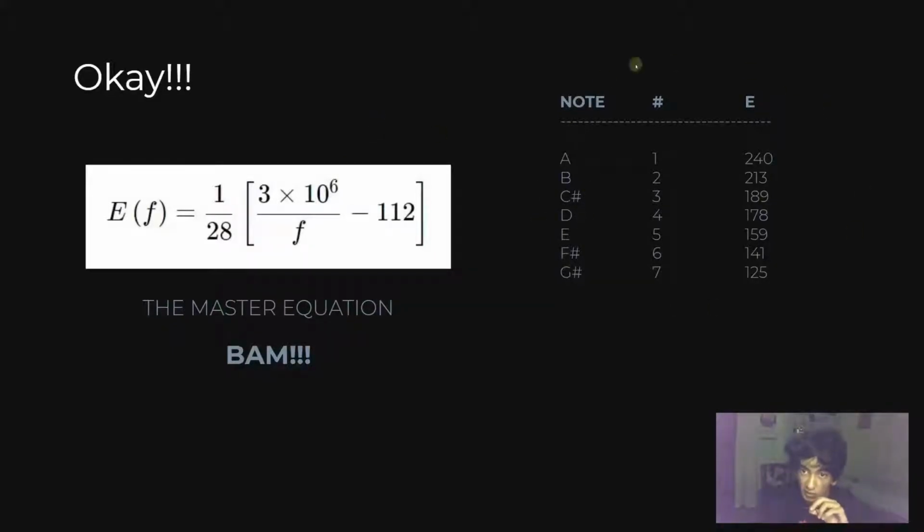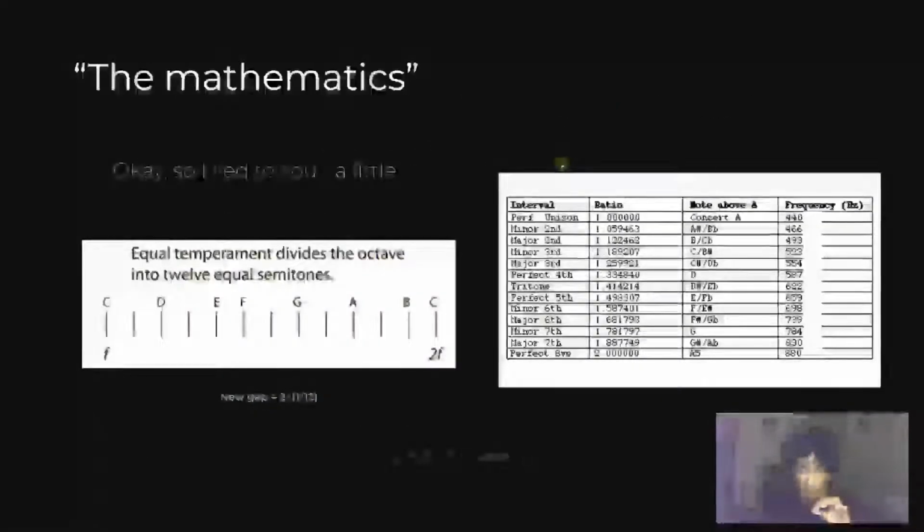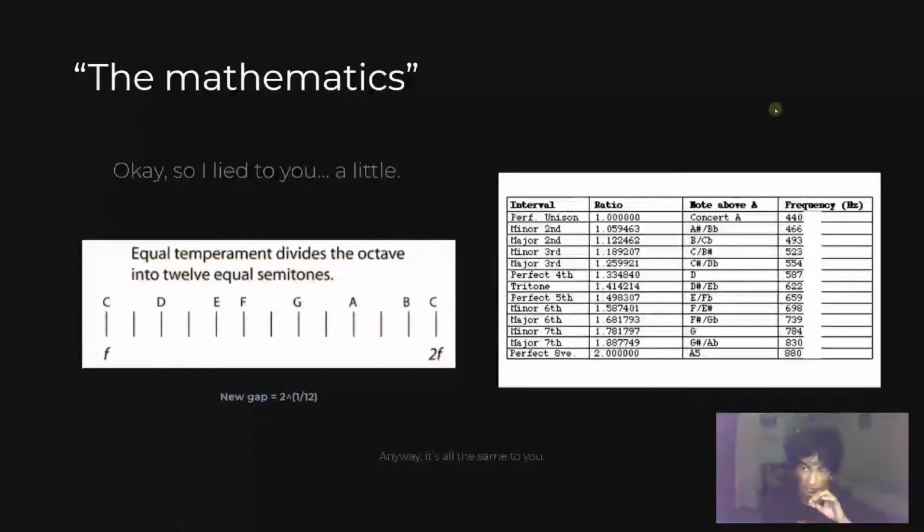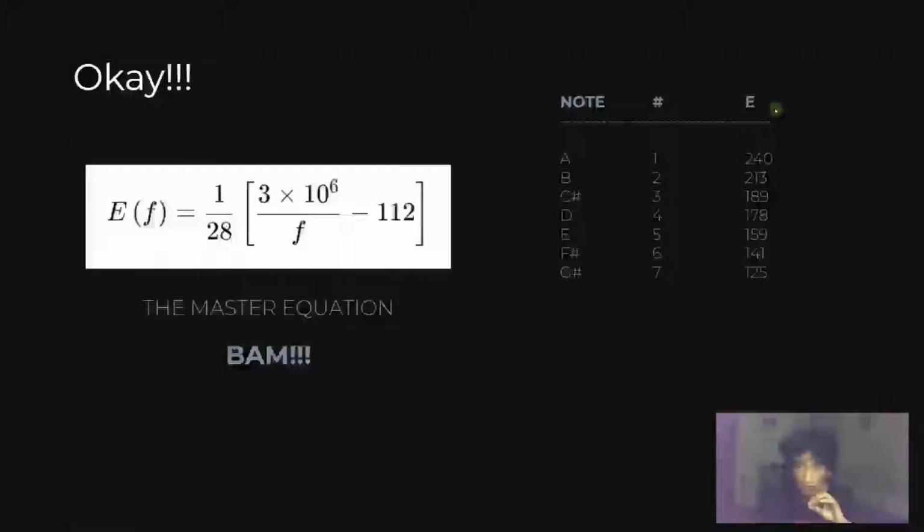And so here I have calculated the value of E for each note. I have taken the A major scale frequencies from this table, and using that I have obtained the different values of E. So these are the values of E if you need to play the particular note.